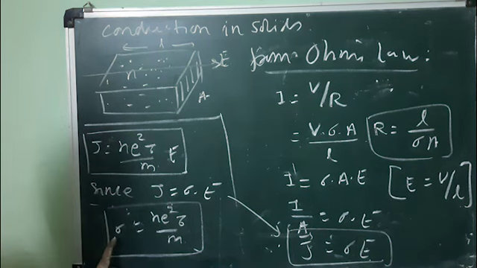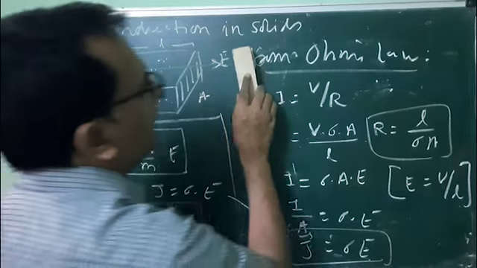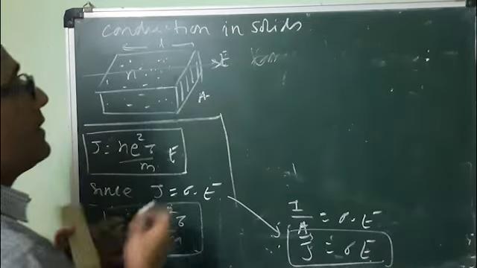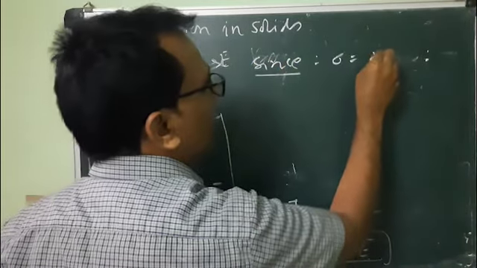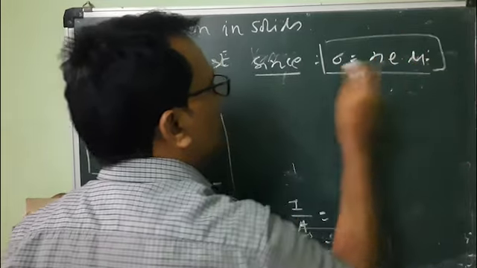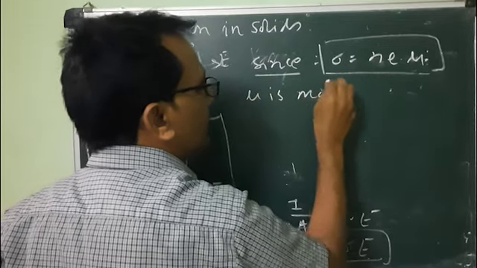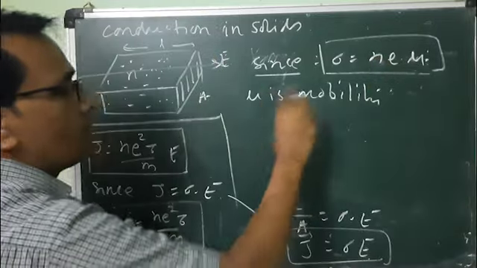So the conductivity sigma is equivalent to n e square tau by m. We can calculate mobility also. Conductivity and mobility are correlated as sigma is equivalent to n e mu, where sigma is conductivity, mu is mobility, n is obviously the concentration of electrons, and e is charge.